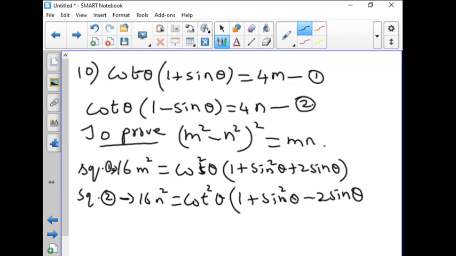Okay. Now it is asked to find m square minus n square, so we will subtract both.